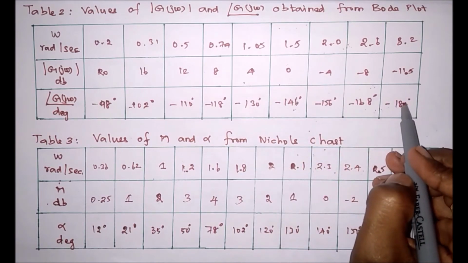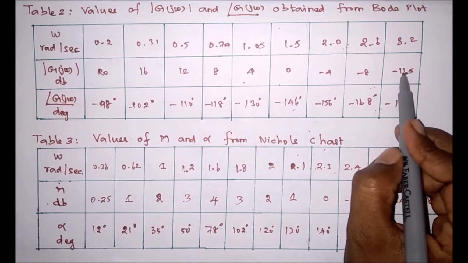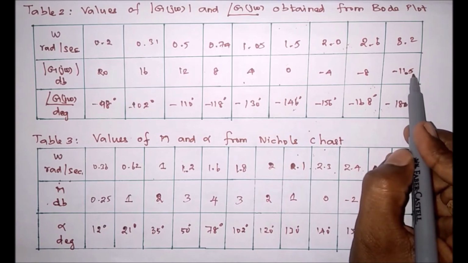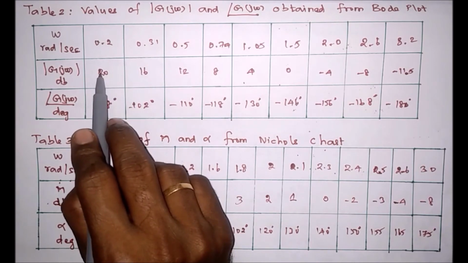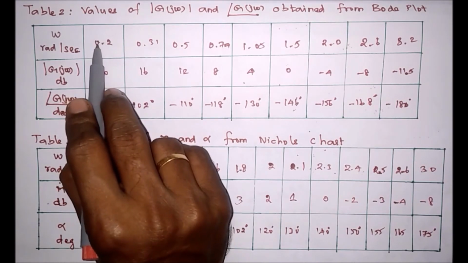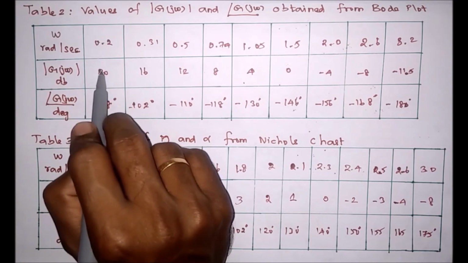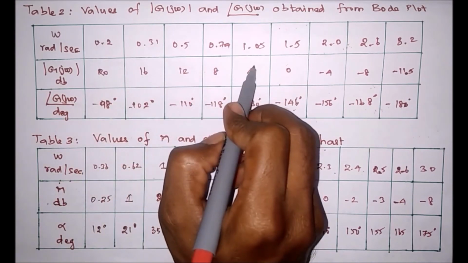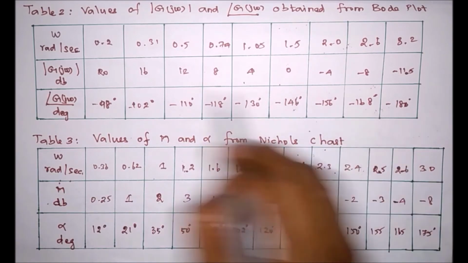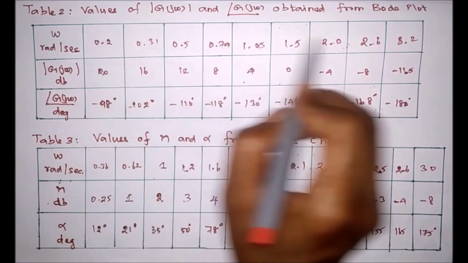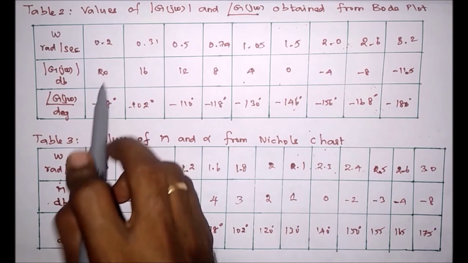Actually it is exactly 180 degree, therefore instead of minus 12 we have selected minus 11.5. Then we have noted the omega value corresponding to 20, 16, 12, 8, 4, 0, and the corresponding angle also we have marked. After completing this table, we have to take this magnitude and angle.